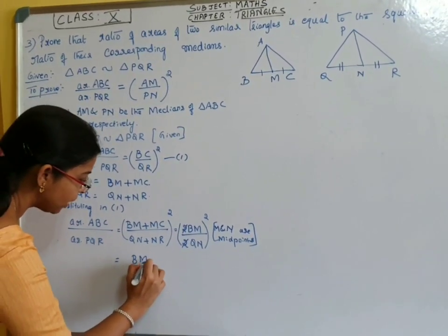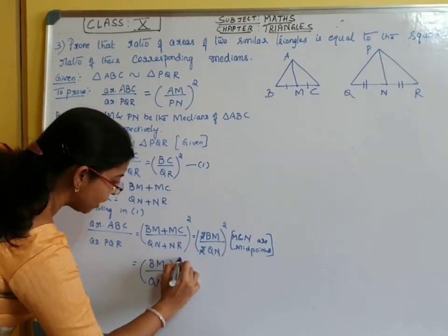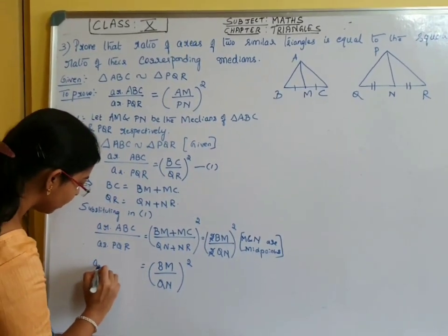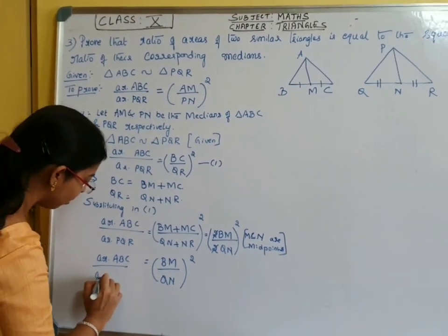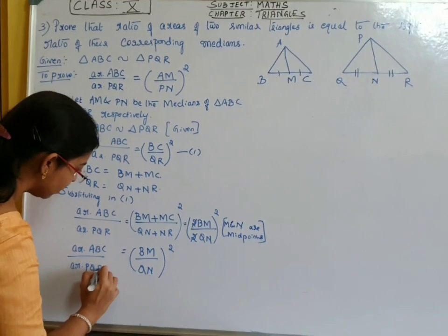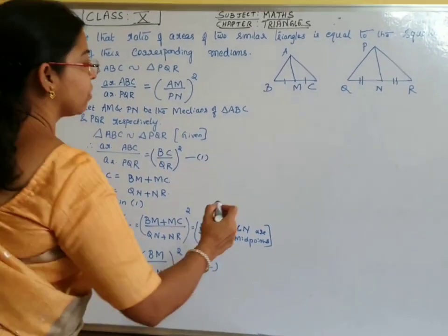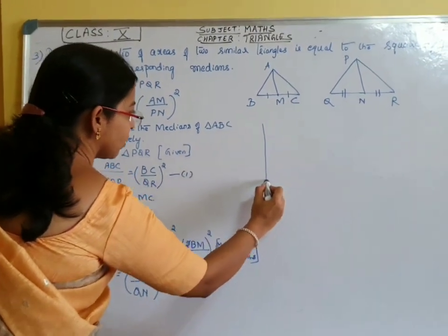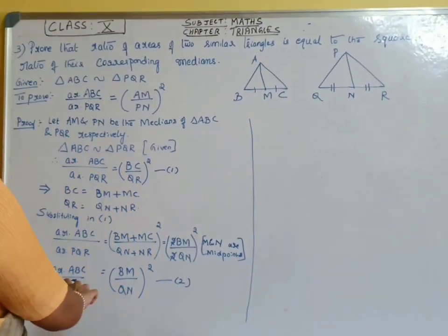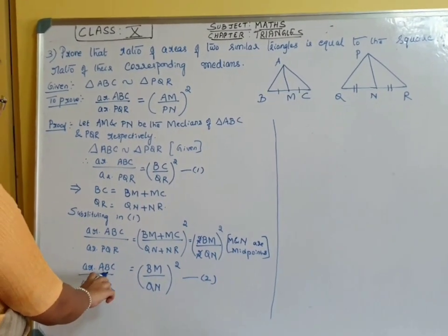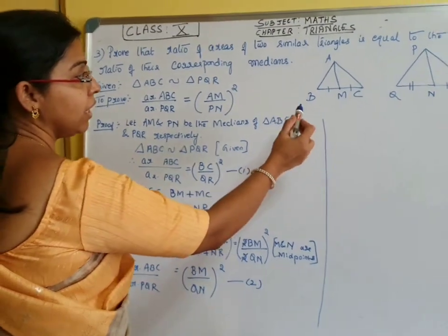It is now BM by QN the whole square. Area of ABC by area of PQR, we will name this as equation 2. So we have got the ratio of area of ABC by area of triangle PQR as BM by QN the whole square.